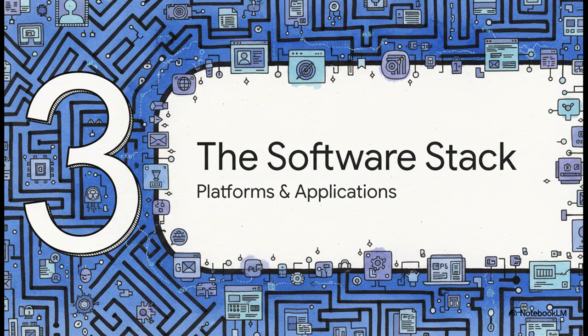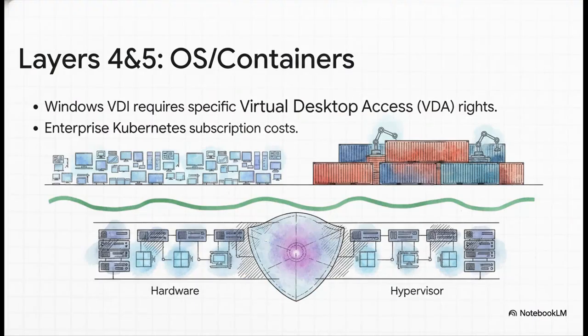Okay, so we've covered the core infrastructure, but we are not out of the maze yet, not by a long shot. Now we have to move up the stack to the software that your people and your applications are actually going to use. And you can see the pattern just continues as we go up. Thinking about running a Windows VDI environment? Well, get ready to navigate the super complex world of virtual desktop access rights. Deploying everything on a platform like OpenShift?